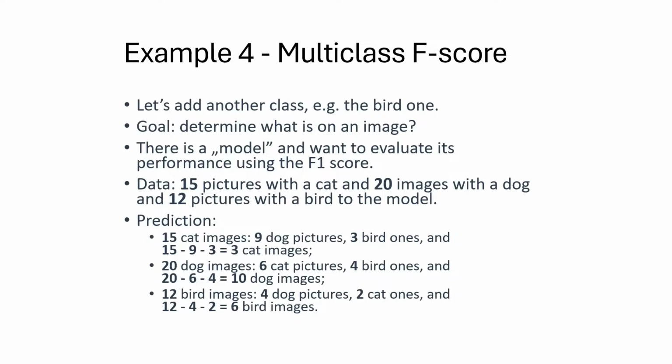From 20 dog images, 6 are predicted as cats and 4 as birds. So half of the 20 dog images are recognized correctly, so 10 are correct. And of 12 bird images, 4 are dogs, 2 are cats, and the remaining 6 are birds.